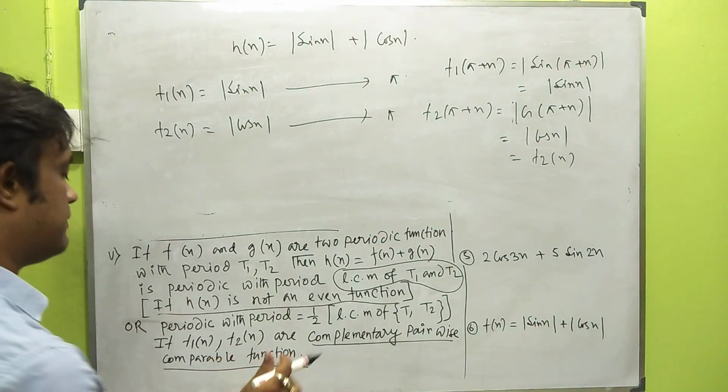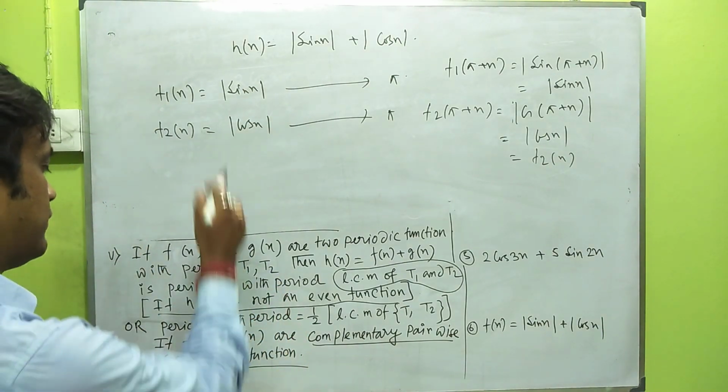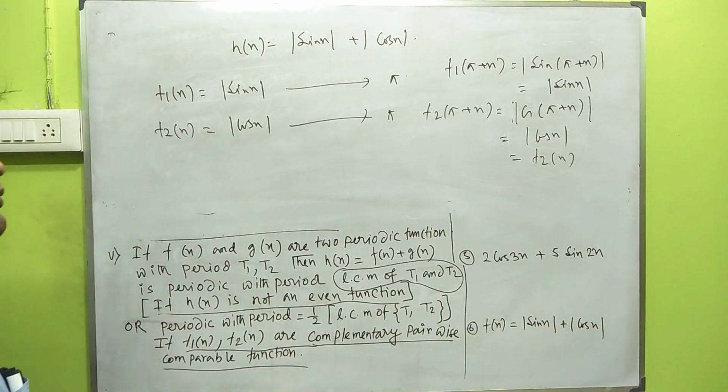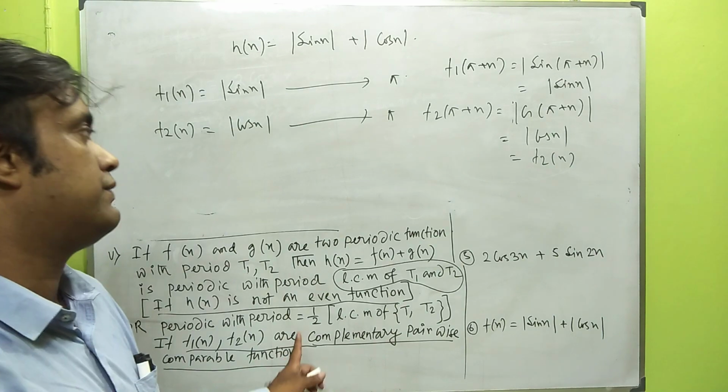But here we see a special characteristic of the two functions. f1(x) and f2(x) are complementary pairwise comparable functions.